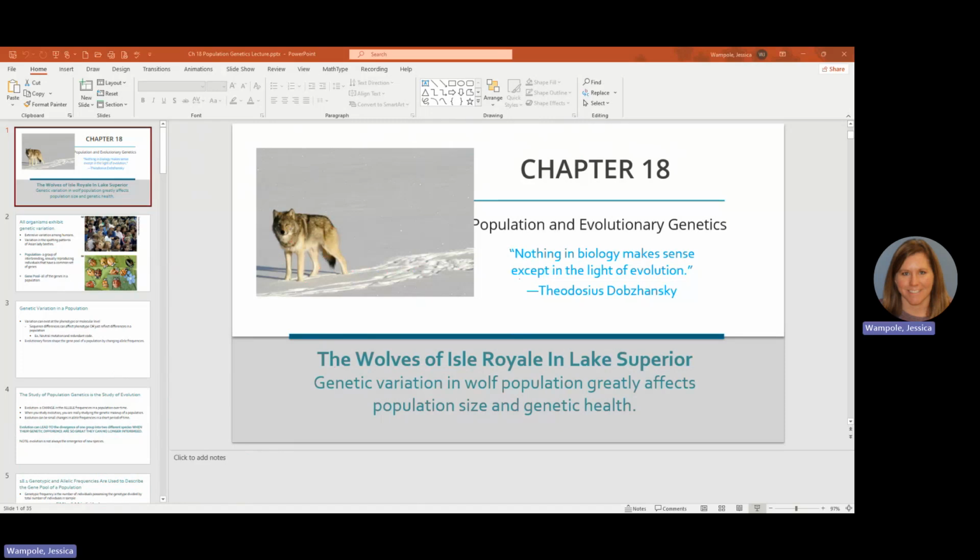Okay. So the usefulness of that generic formula is that you can apply it to multiple alleles. If you have more than one allele for a particular gene, you can do the exact same thing.